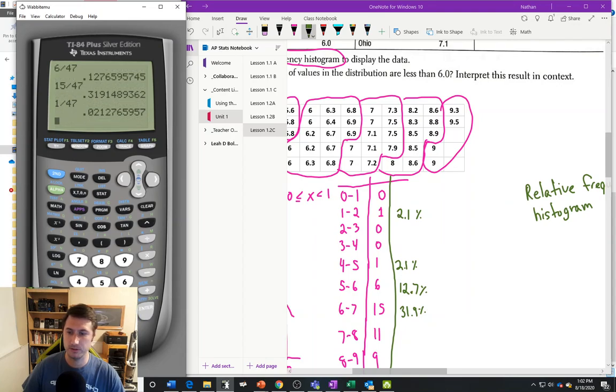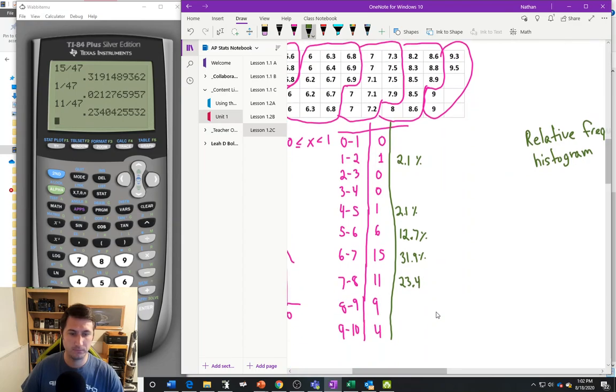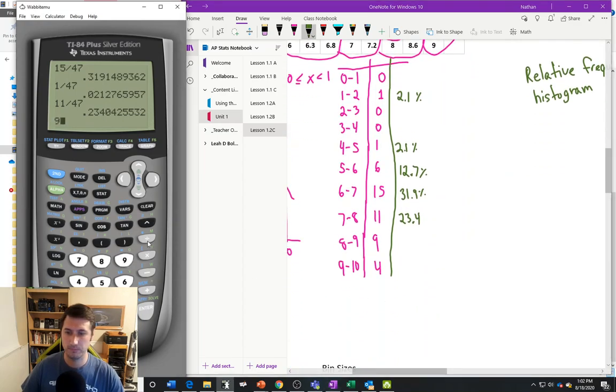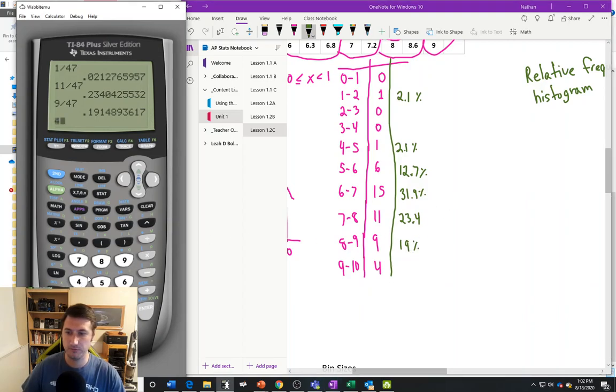Oops, that was 11 divided by 47. 23.4. And 19. Technically 0.1, but I think we'll be all right. And 4 divided by 47 is 8.5.